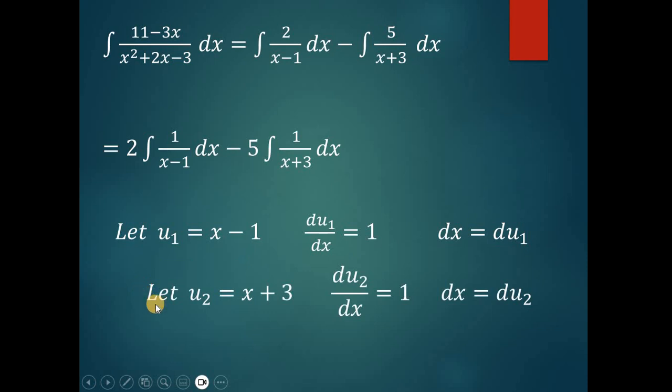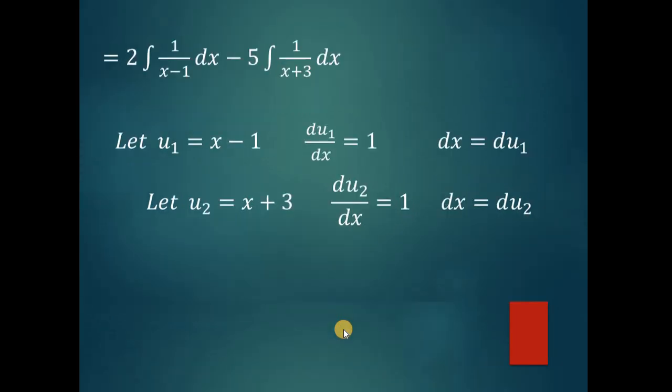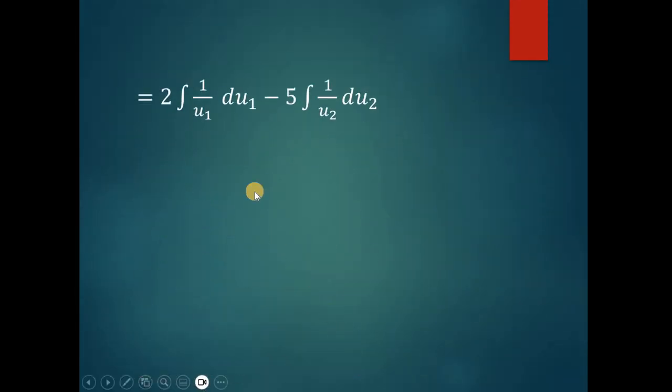We are also going to let our u2 be equal to x plus 3. When we differentiate this equation, we are going to have du2 over dx is equal to 1, implying that our dx is equal to du2.